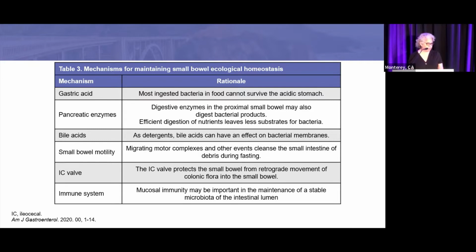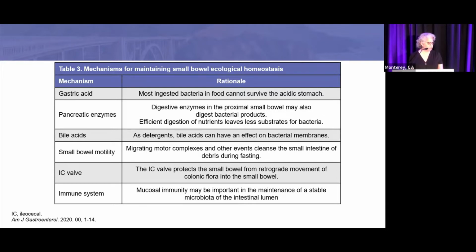Migrating motor complexes and other events cleanse the small intestine of debris. And of course, when that doesn't work, we encounter more issues. The ileocecal valve is another big component of SIBO. Any issues with the ileocecal valve will allow bacteria from the colon to migrate into the small intestine, and so we're going to have issues with SIBO.